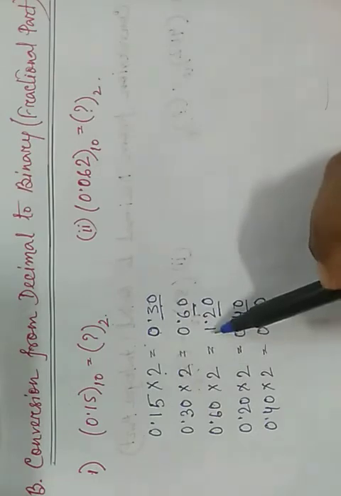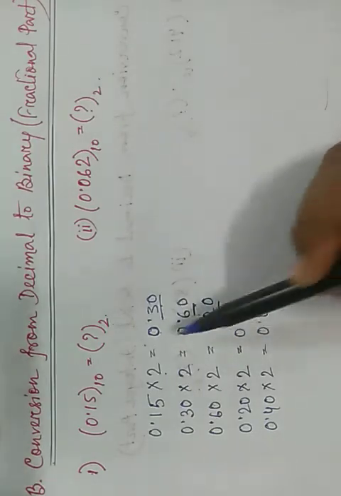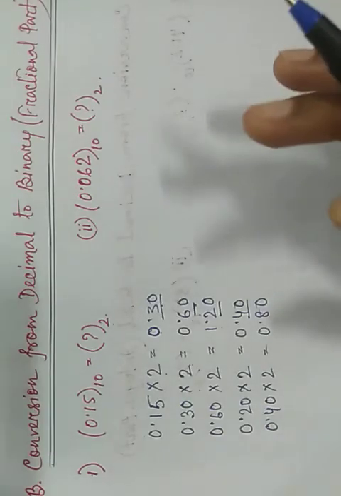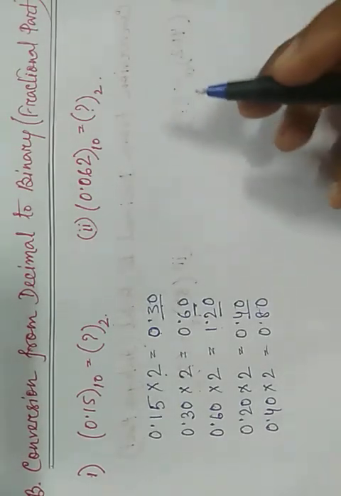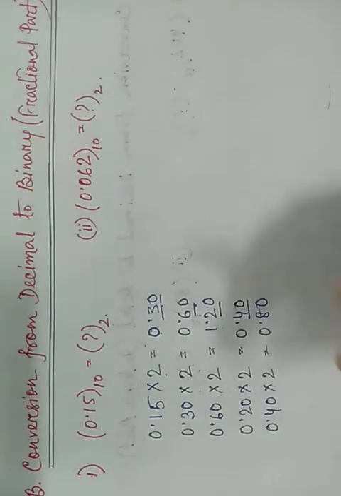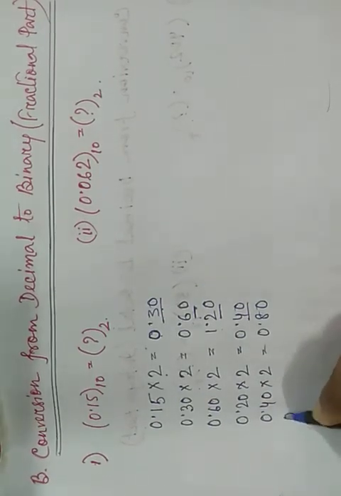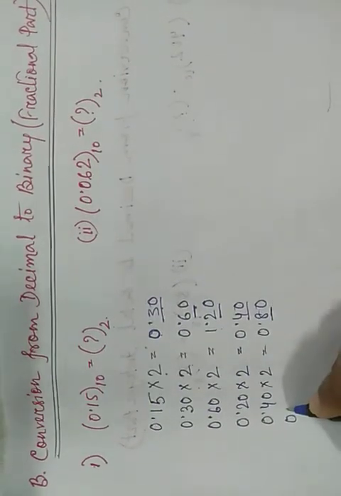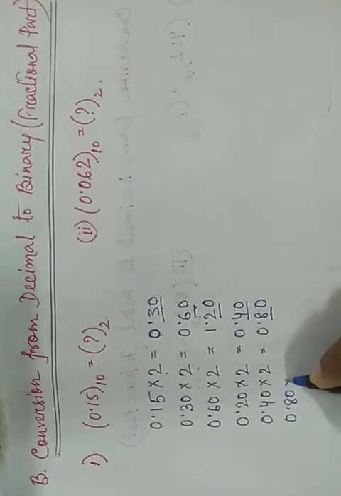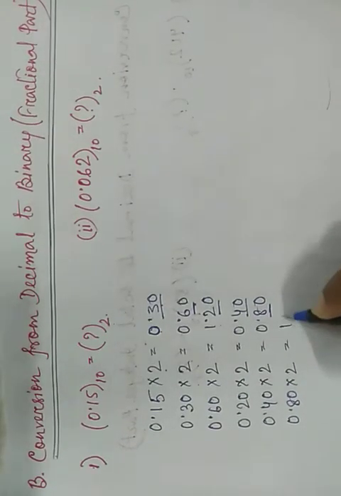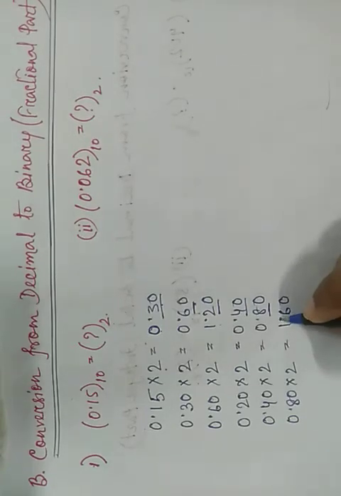You can stop here after multiplying 5 places, because it will be rounded off. After the point we can take a maximum of 5 or 6 digits. But here we do again, fractional part 0.80 into 2, it becomes 1.60.